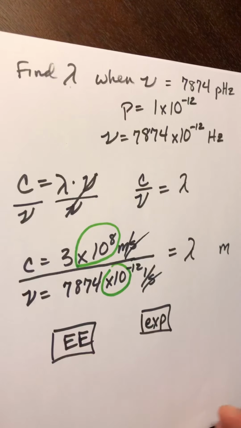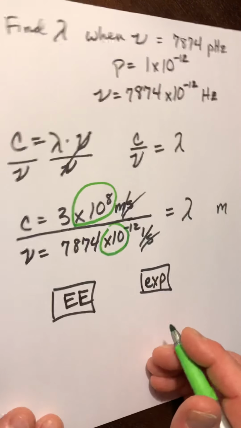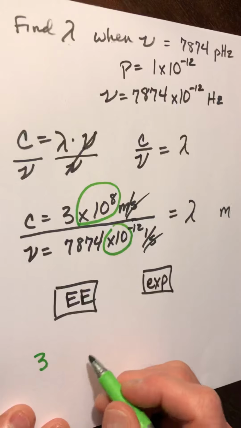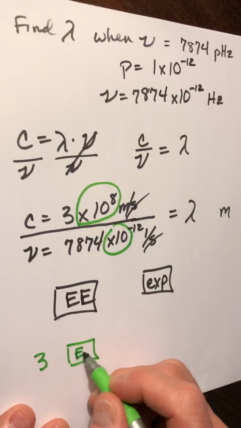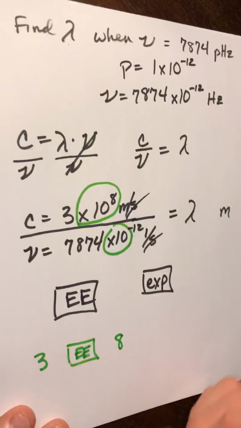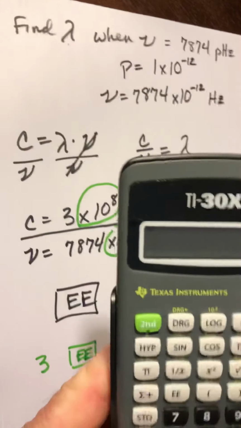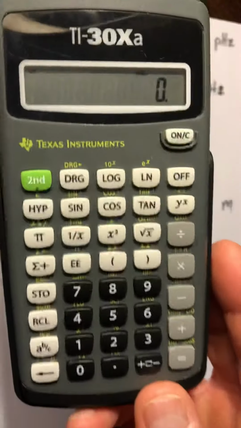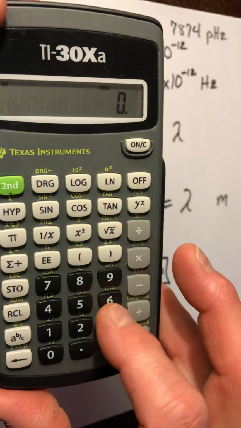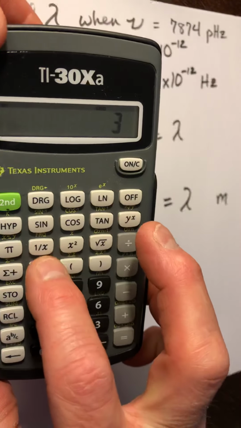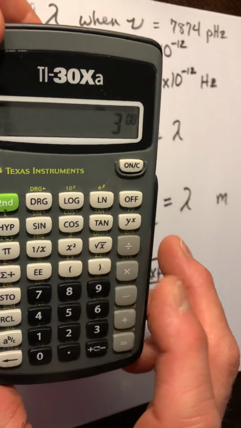So you would type in for the very first value 3, and then the EE button, and just 8. If I show you on my calculator, 3, EE, and 8.